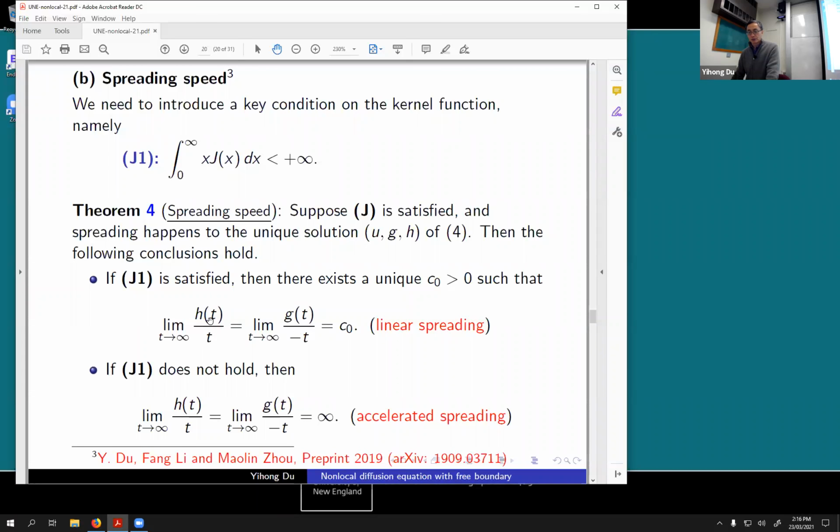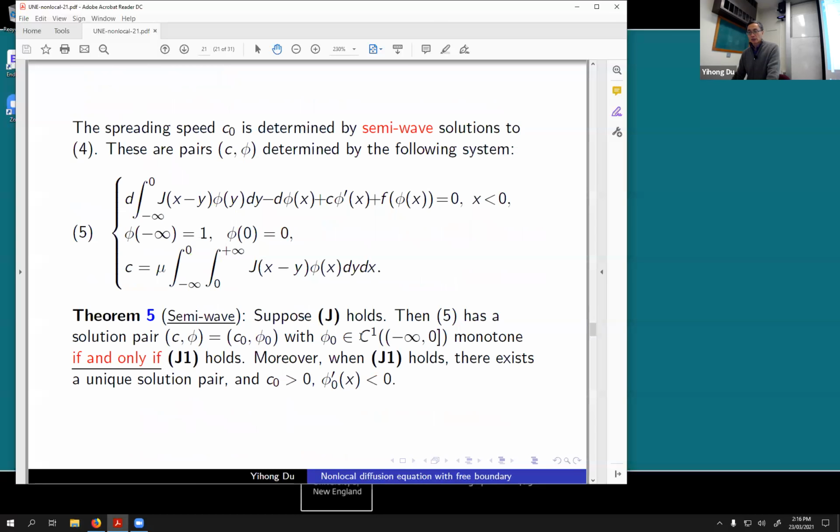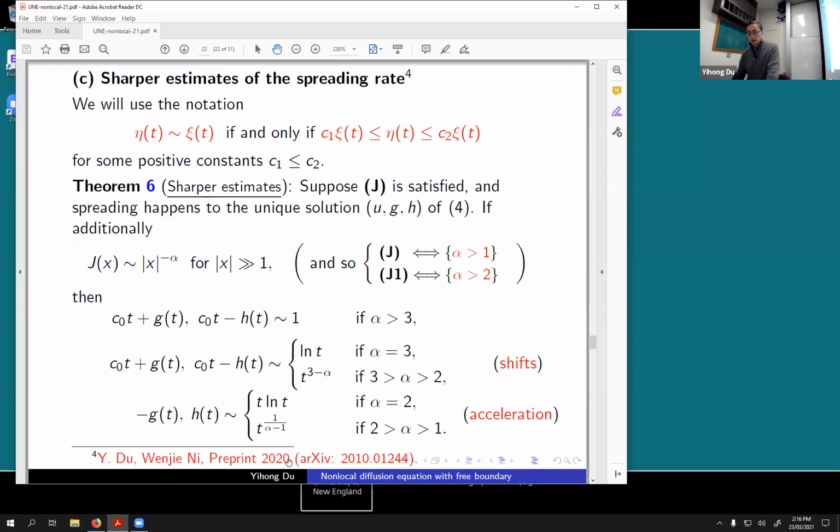And also, we want to know a sharper estimate than this one for the behavior of h(t) and g(t), even in that case. So that is a recent work with Wenjie. Fortunately, that one is terribly long, 82 pages. Say terribly long. Long. Terribly long.